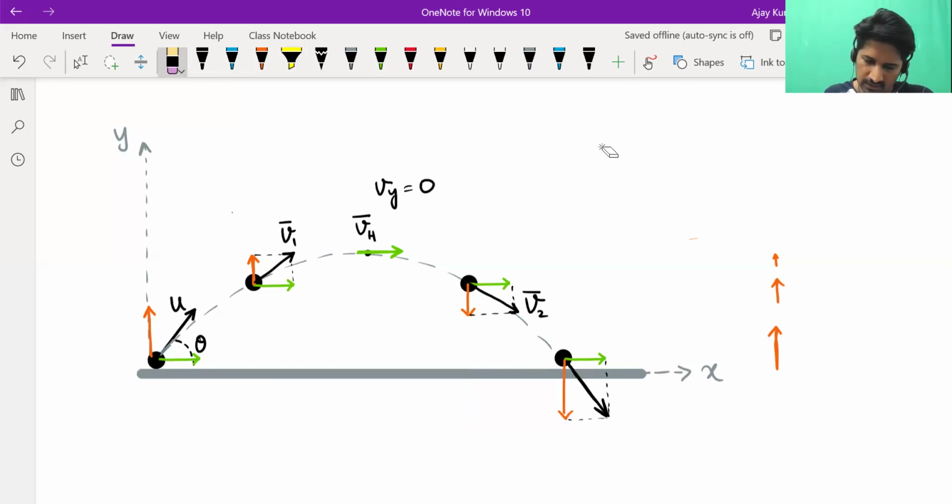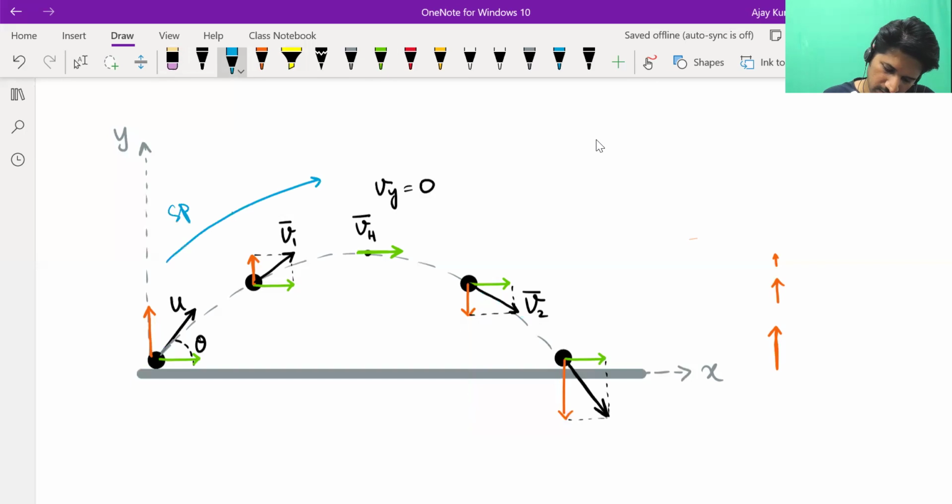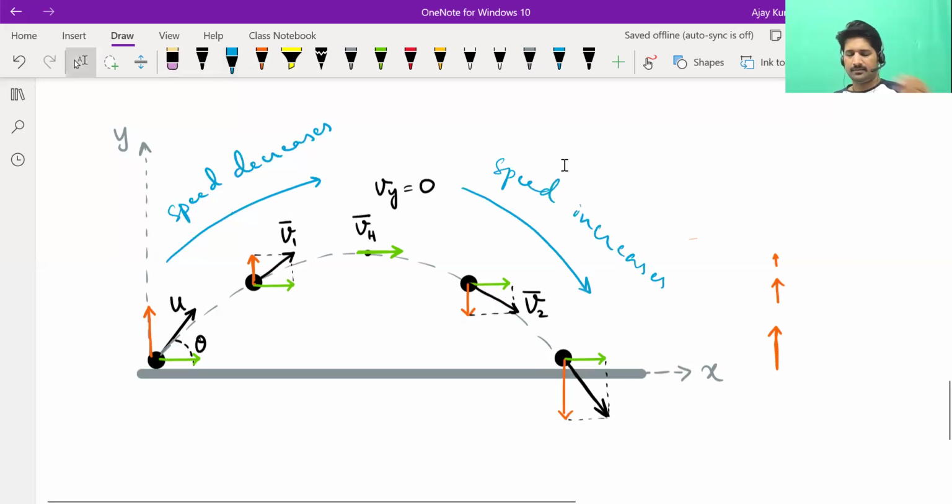So we can write it like this. Ascent, speed decreases. Descent, speed increases. Right.